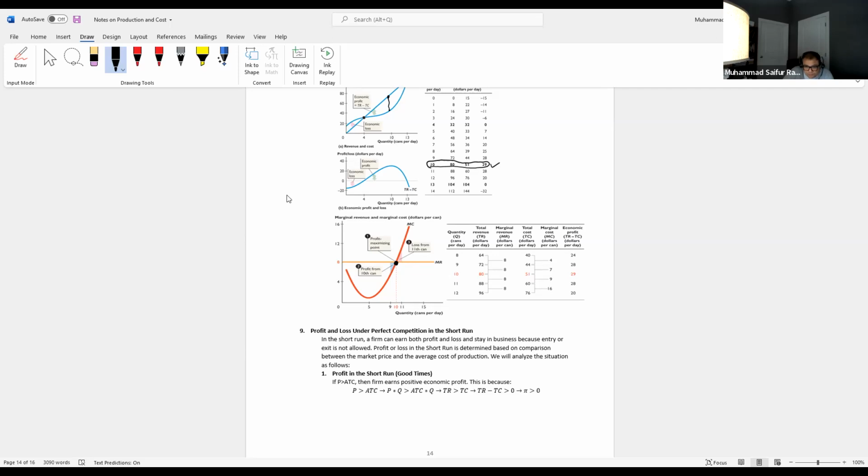And at any output level before that, we saw that firms will continue to produce more, so they will be moving towards the output level 10. At any output level beyond 10, they would like to cut back on their production, because at the output level 10, marginal revenue is equal to marginal cost, and that's how profit is being ensured.